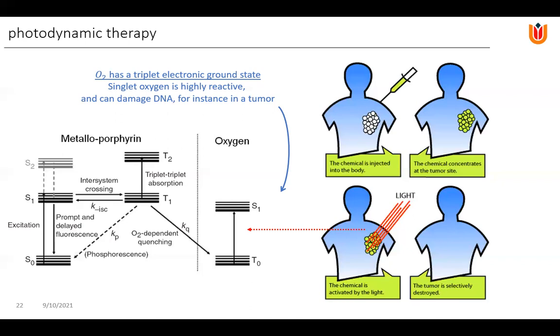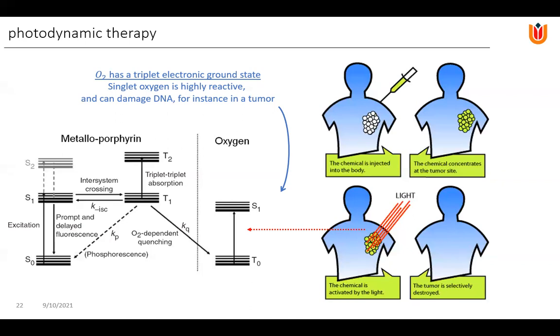So oxygen is supposed to be there all the time. You can administer this metallic porphyrin, which looks like hemoglobin, and inject it into the body.